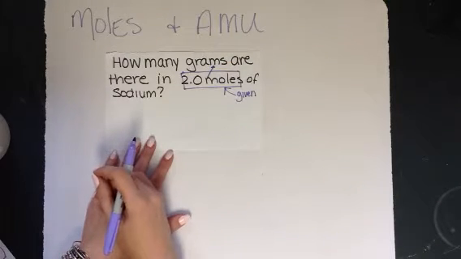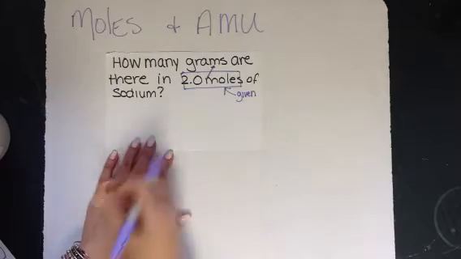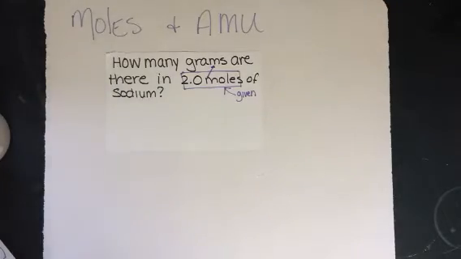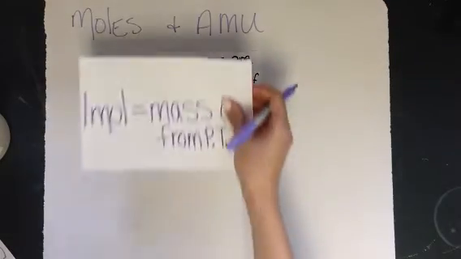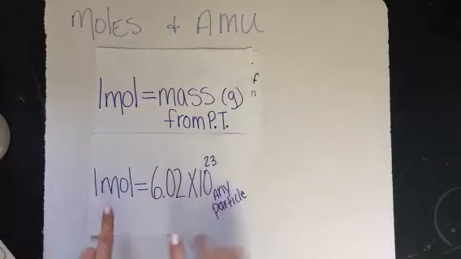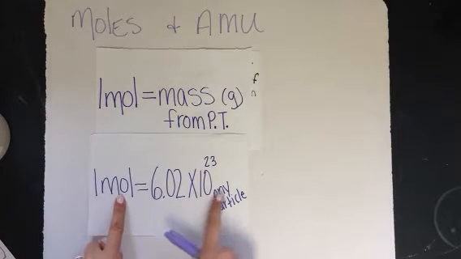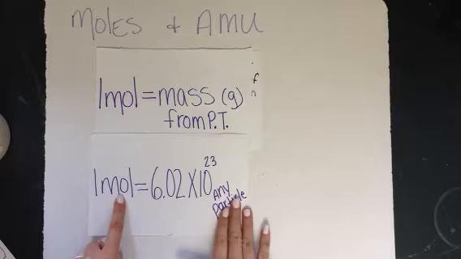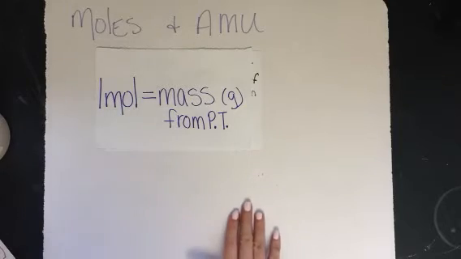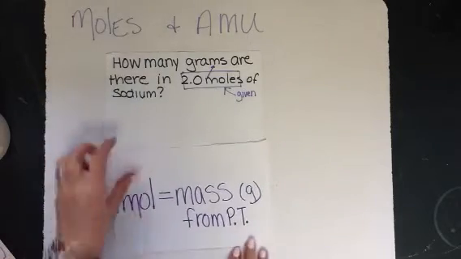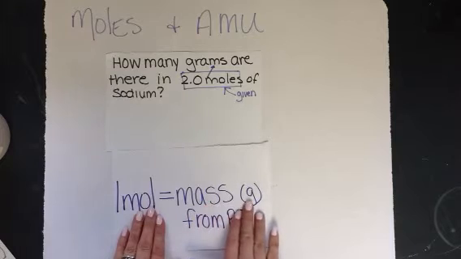So is there a conversion that can get me from moles to mass? Well, let's bring back our conversions that we know. So far, our old one, this goes from moles to particles, so that doesn't have mass in it. And our new one, moles and mass in grams.